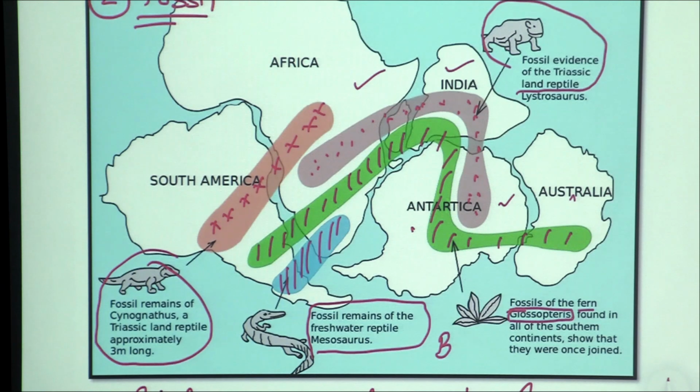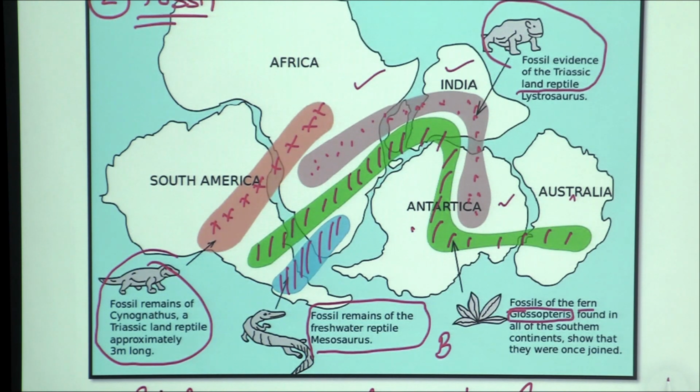So I have the fossil evidence of Triassic land reptile, a second Triassic land reptile, the freshwater reptile, and also the fossil of the fern.